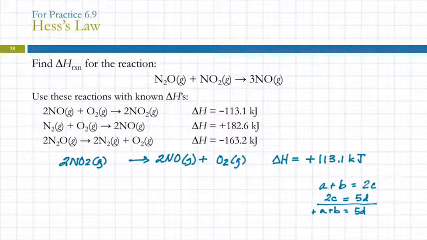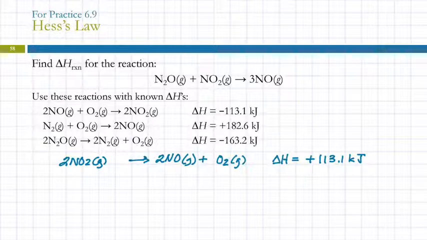Because if you include the 2C on both sides, what happens if I subtract 2C from both sides? They go away, yeah. So this is the same idea. You've done it with math equations. You may not remember doing it, but you did. And we can do the same thing with chemical equations. Does that help? Yeah, because knowing what I'm doing here is really helpful to understanding what I'm doing here.